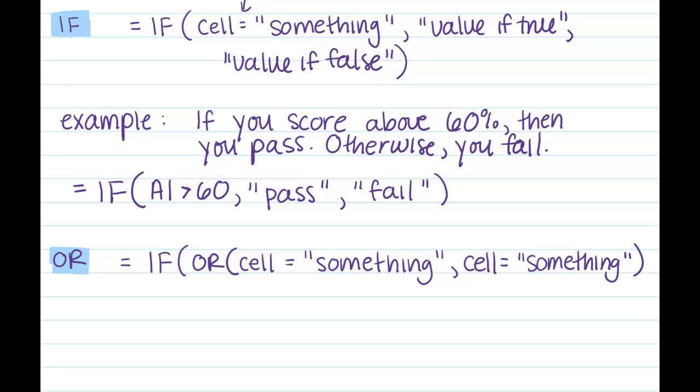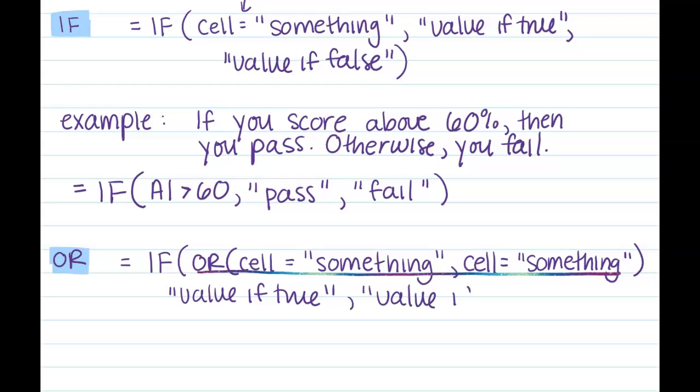We'll close those parentheses because right here we have the or piece. So if this or this is true, then after that we put value if true, comma, and then our value if false.